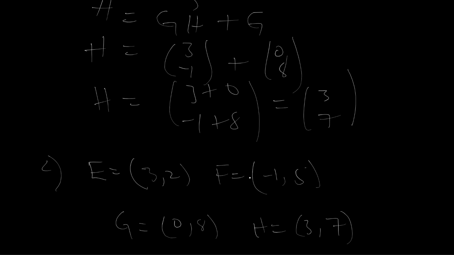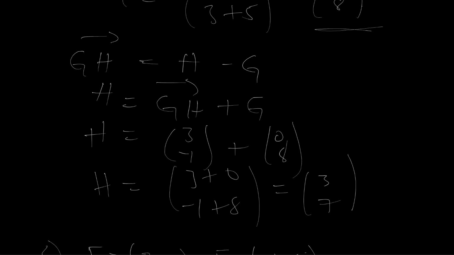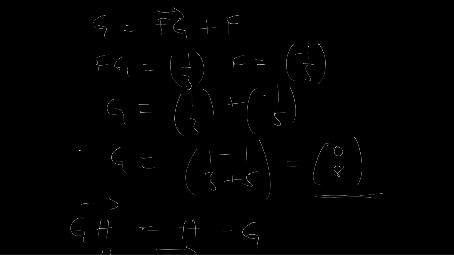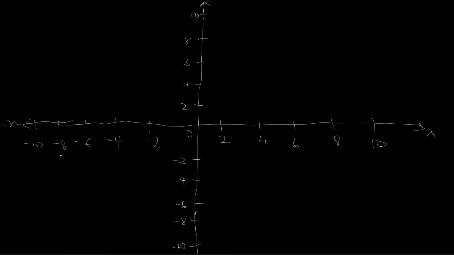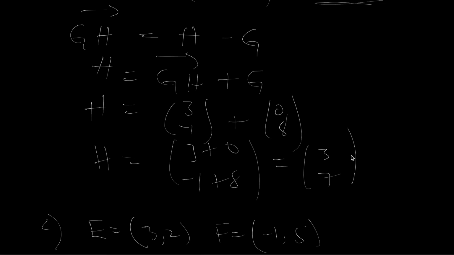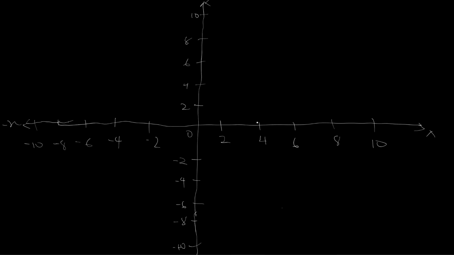So plotting these coordinates on our graph. E is (3, 2). Yes, E is (3, 2). So 3 should be here and 2 should be here.